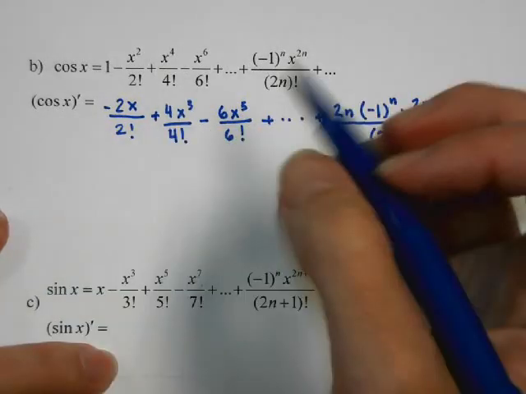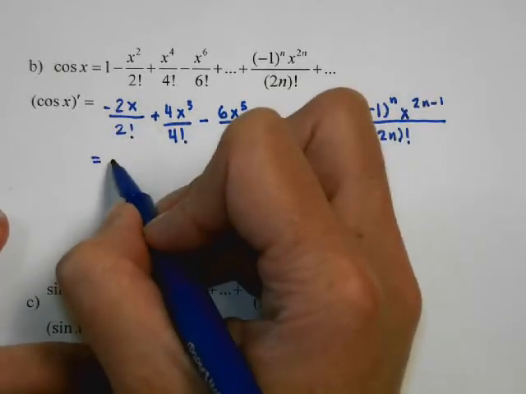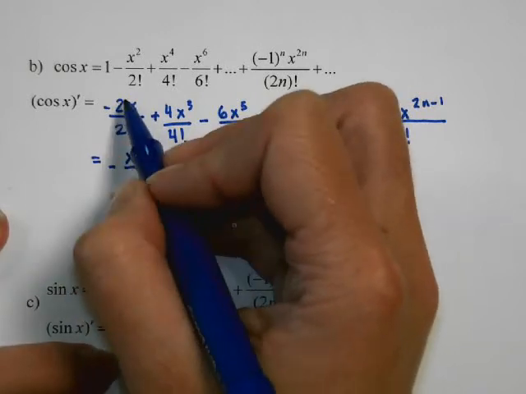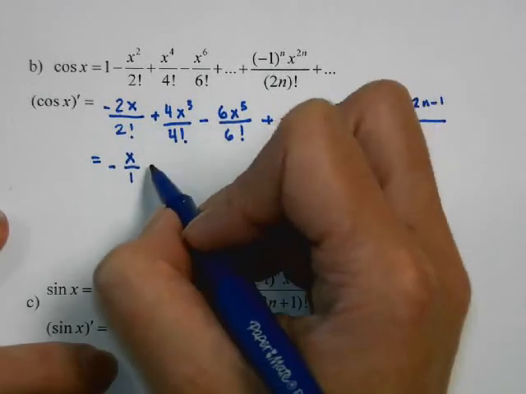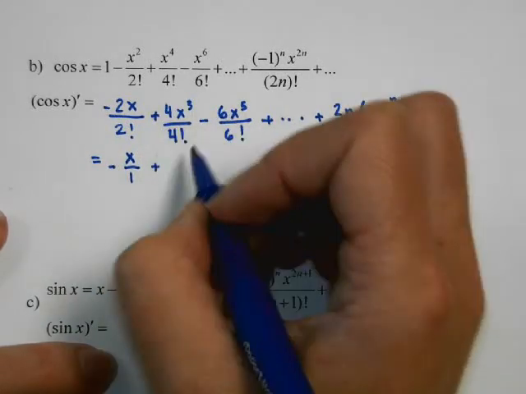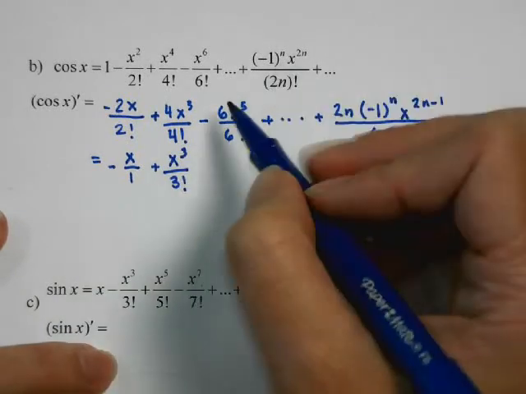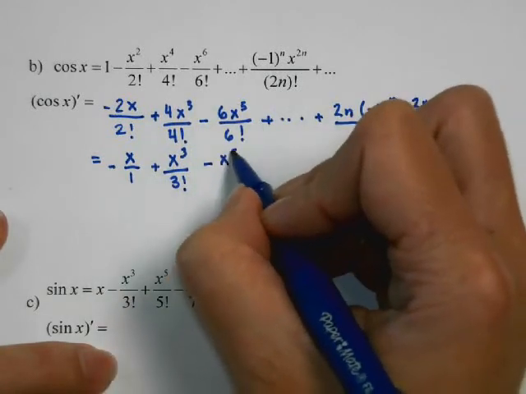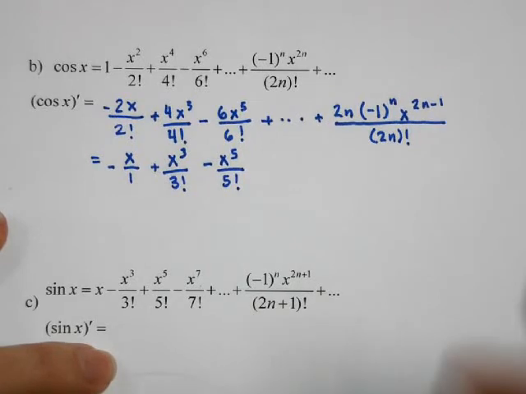Okay, and then I can simplify these, and I will just for the sake of comparison. So this is going to be negative x over, so 2 over 2 is just 1, so x over 1. The 4's are going to cancel here. So this is going to be 4. If I divide a 4 out of 4 factorial, I have 3 factorial. And then if I divide a 6 out of 6 factorial, we're left with 5 factorial.